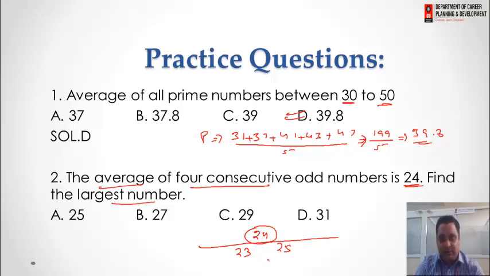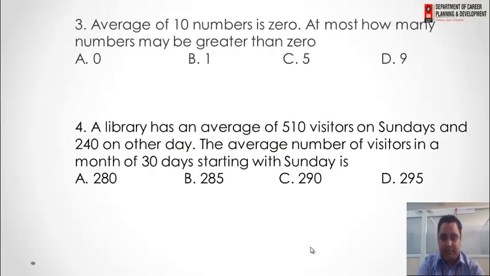But as we have 4 consecutive odd numbers, we need to find 2 more numbers just after that. Just after 25 we have 27, and before 23 we have 21. So we can say the average of the 4 numbers 21, 23, 25 and 27 is 24. Hence the largest odd number is 27, that is option B.